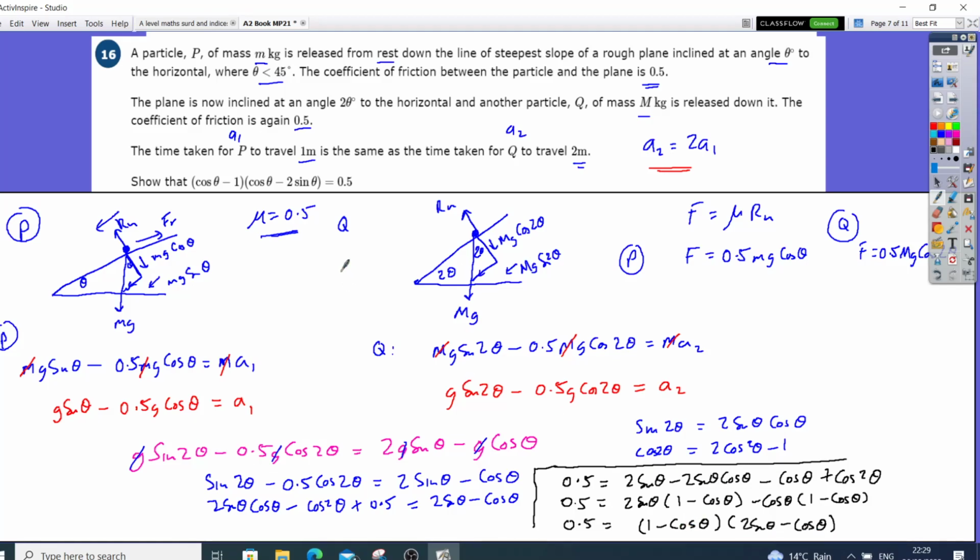Now if you look at this, I've got it the other way around, but that's fine, they're the same, because if I times that by a minus, they will switch over, so that is exactly the same as that. I'm going to quickly show you that if I make that 1 minus cos theta, and times this bracket by -1 and this bracket by -1, that will switch those around.